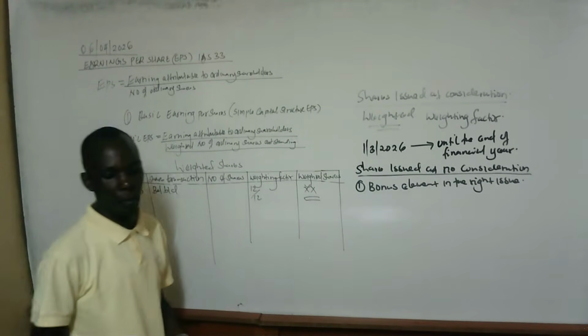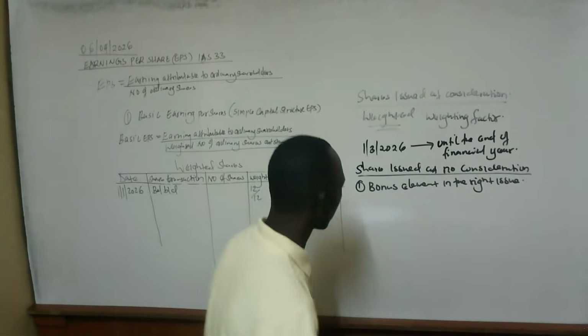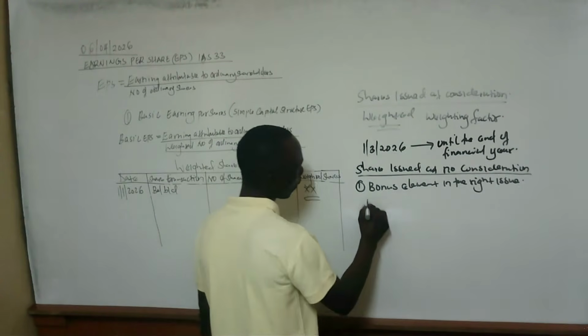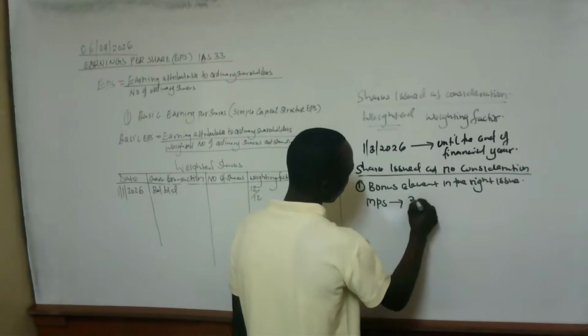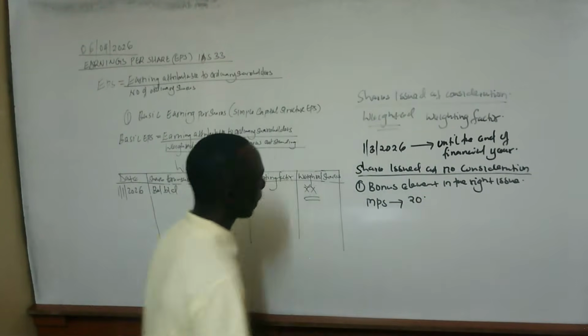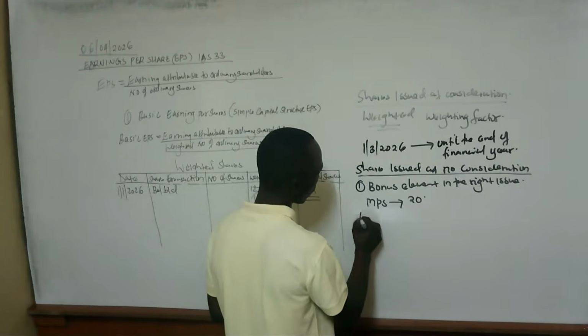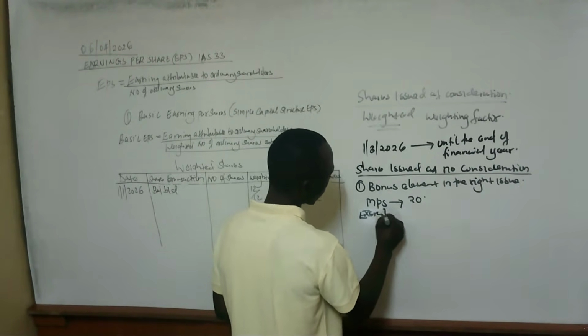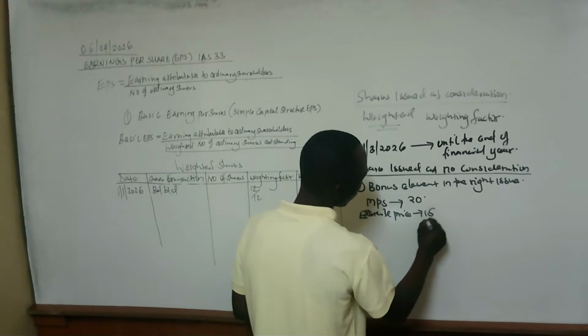And how do we come up with this bonus that we are talking about? The bonus element in the rights issue. For example, let us say that the market price per share was 20 shillings, and the existing shareholders purchased the shares at what we call the exercise price of 15 shillings.